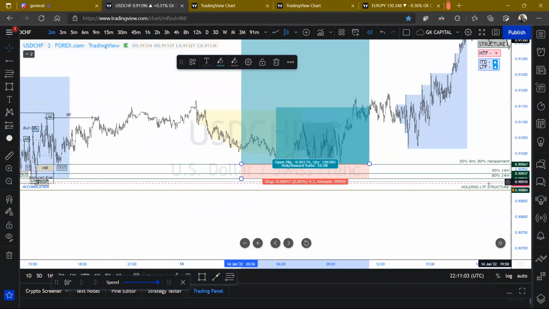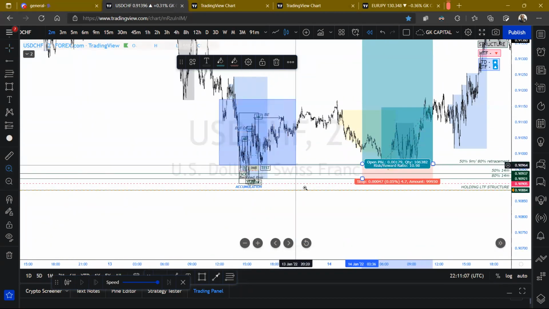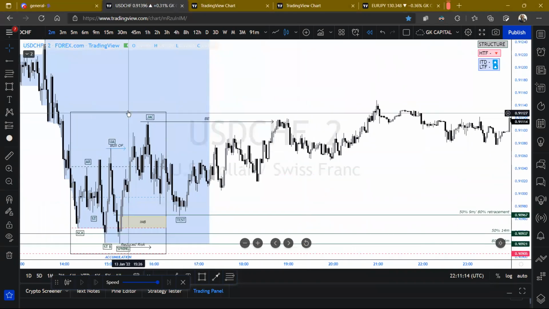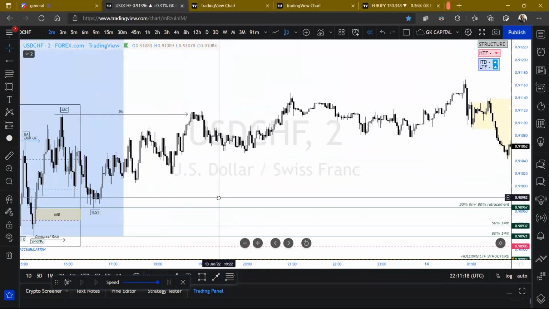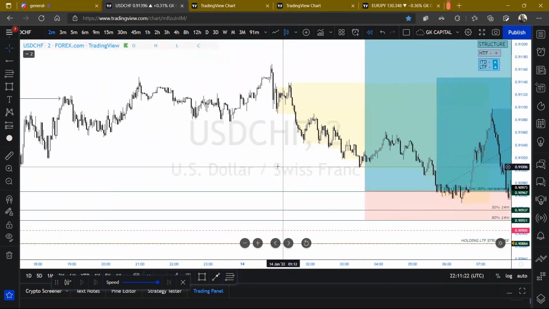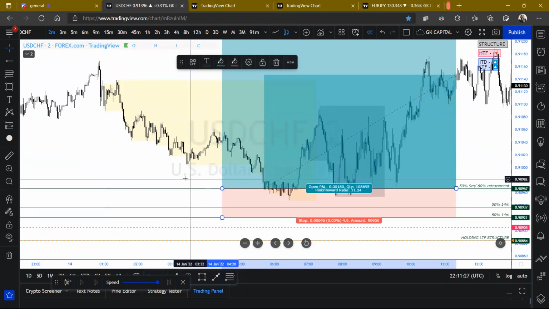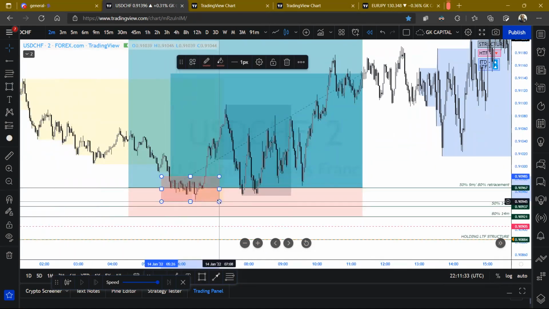We're trading a low confidence short with a few lows within there. If you guys can see, there's that here.